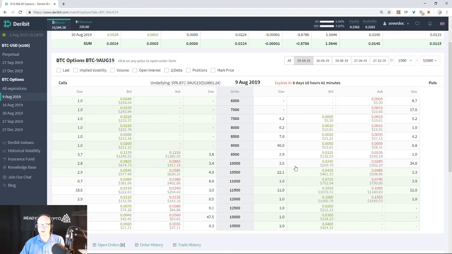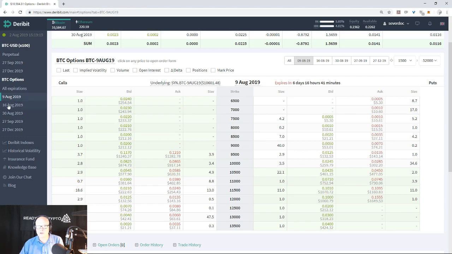And then we can look at this with the puts. The puts will be the exact same thing. Let's just look at the 10,000 as well. For the 9th of August, it's something like $275.